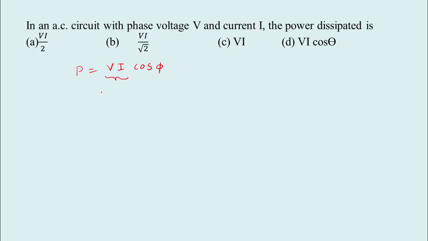The phi value is 0 for a resistor, and 90 degrees for both capacitor and inductor. So it changes according to the circuit elements, but it depends on V and I. P equal to V I cos theta. Power dissipation depends on V I cos theta, that is option D.